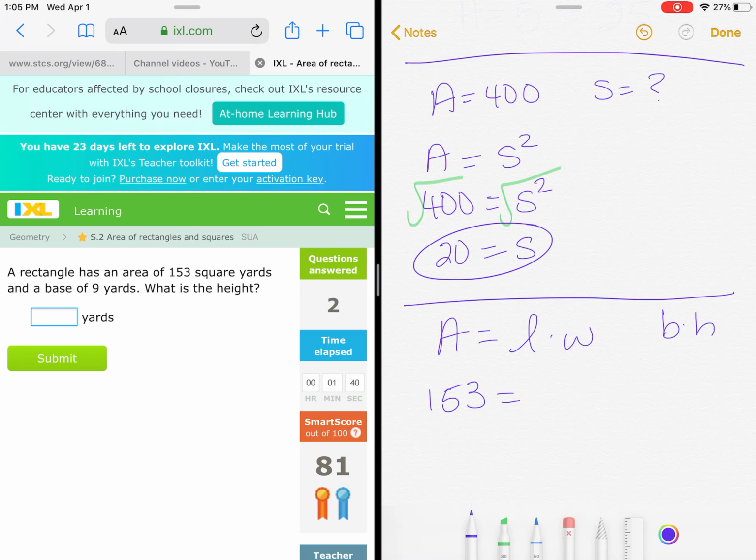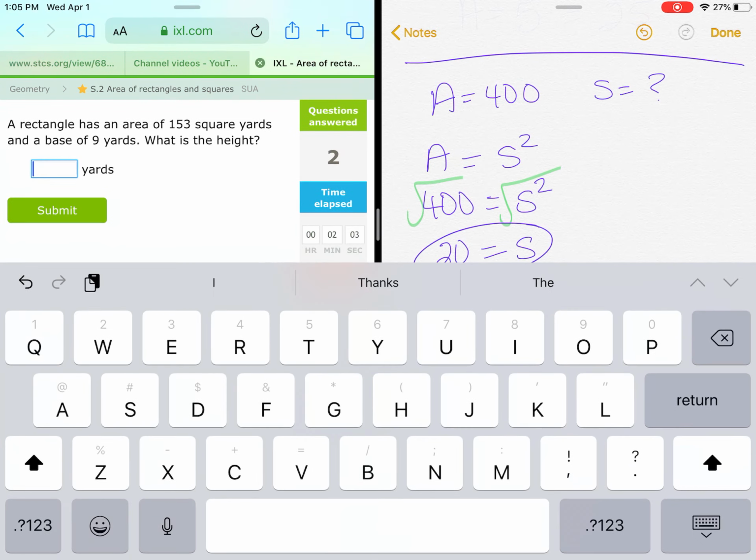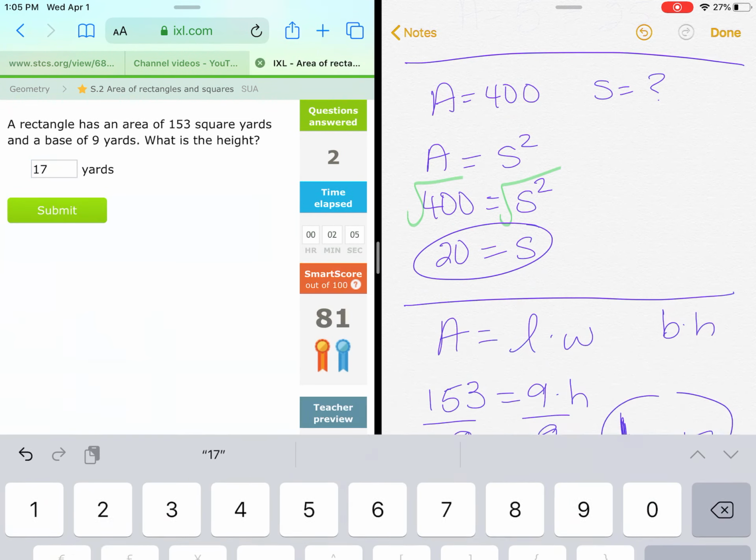Sometimes they use the base times height definition, which is still length times width, okay? 9 times the height, so divide by 9. 153 divided by 9 is 17. That is not a very good age. Right?